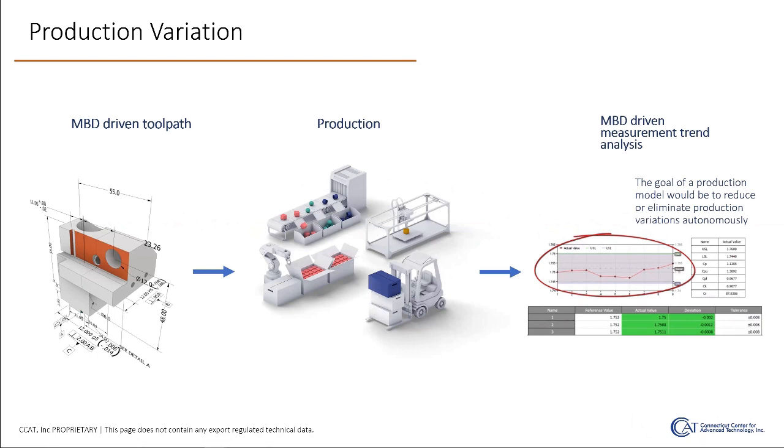But in the middle, you have your production. Even though you're saving time on generating the programs to run the processes, you still may have variability in your production. It's not going to control whether a part is conforming or out of conformance. And so this is where the term model-based production comes from.